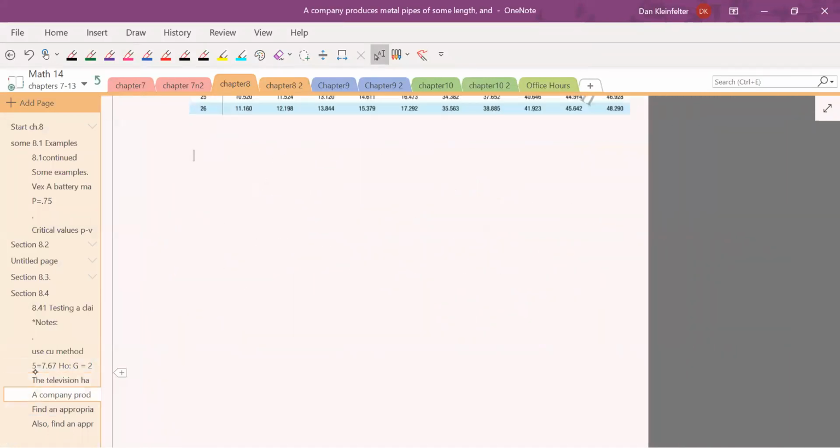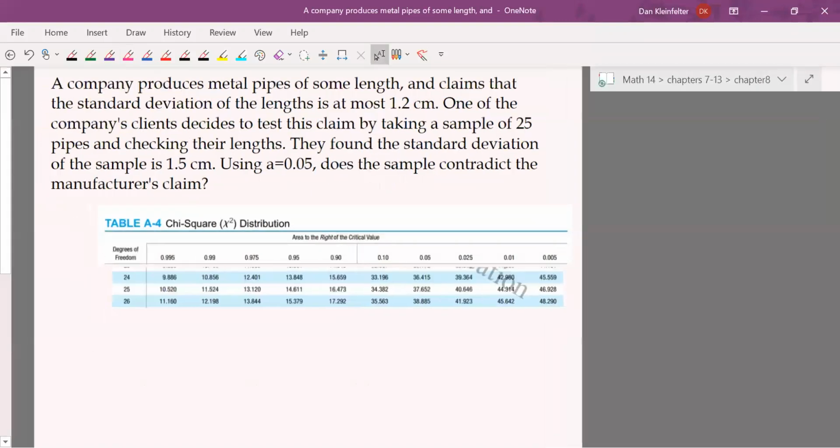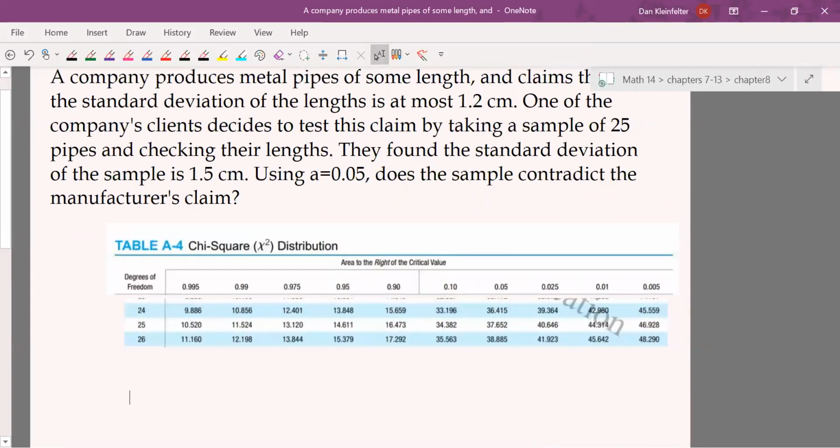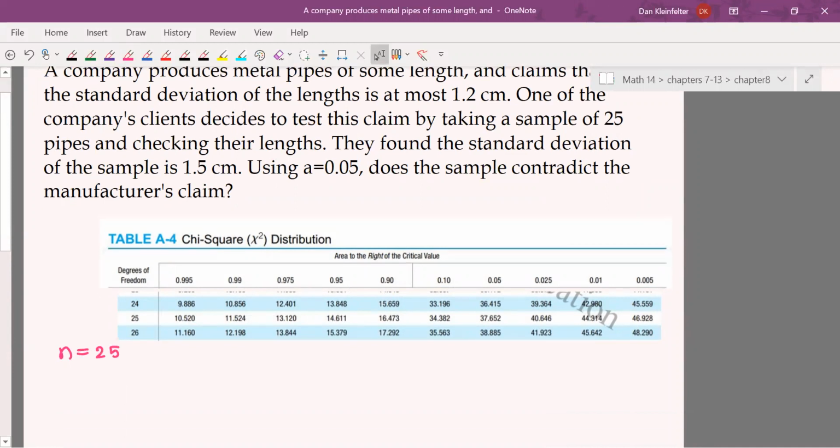Another example. Here it says a company produces metal pipes of some length, we don't know what it is, it doesn't matter, and claims that the standard deviation of the lengths is at most 1.2 centimeters. So that's the claim. One of the company's clients decides to test this claim by taking a sample of 25 pipes and checking their lengths.